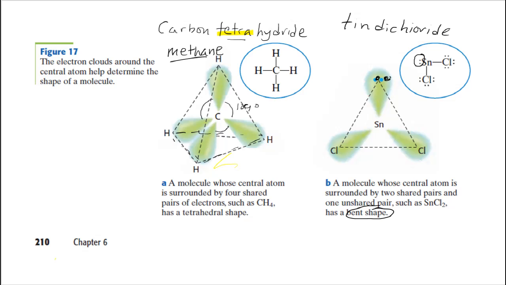One way to think about this, and that's the idea behind VSEPR theory, valence shell electron pair repulsion, is that these covalent bonds between the central atom and the outer atoms are made up of electrons.